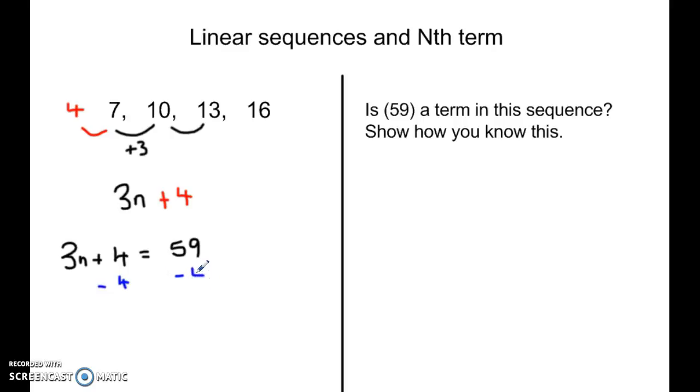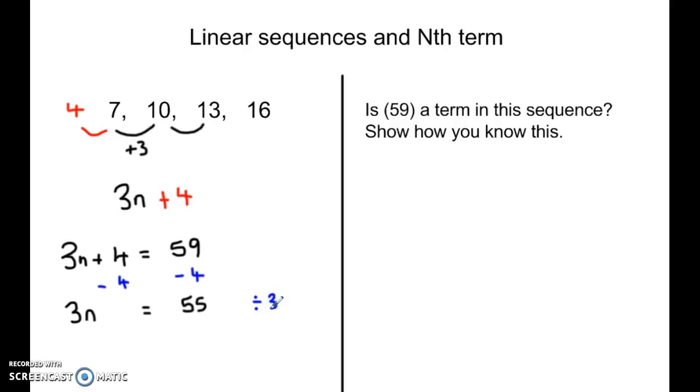I'm trying to get the 3n on its own, so if we subtract 4 from both sides, we're going to get that 3n equals 55. Then to get n on its own, we would have to divide by 3.